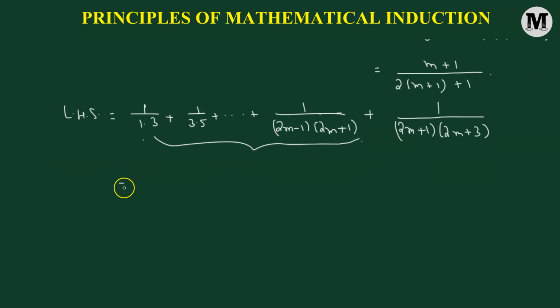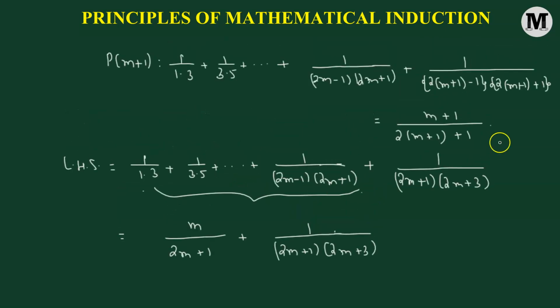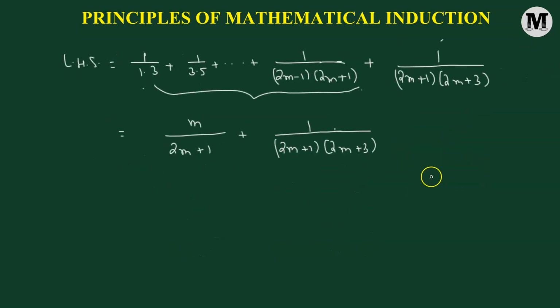Now, this is going to be equal to m over 2m plus 1 added to 1 over 2m plus 1 multiplied by 2 times m plus 3. We're going to combine these two terms, and this must be equal to m plus 1 over 2 times m plus 1 plus 2. So let's verify that. We combine them by taking the common denominator, which is 2m plus 1 multiplied by 2m plus 3.